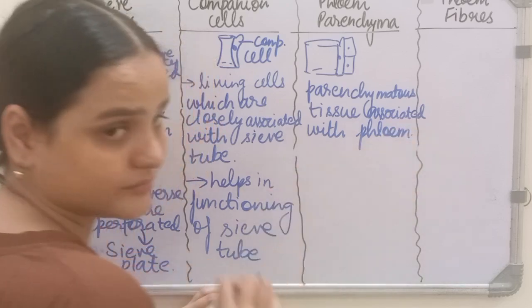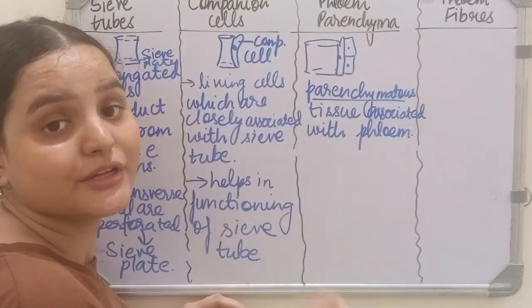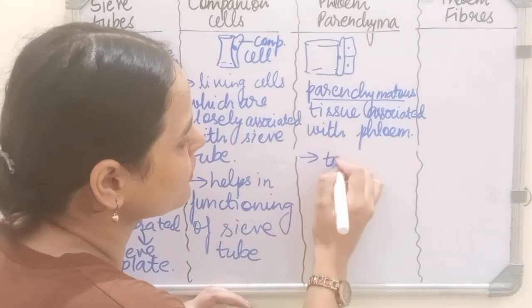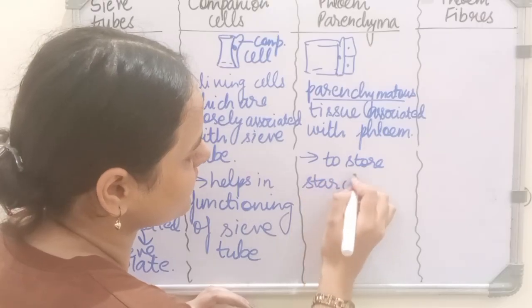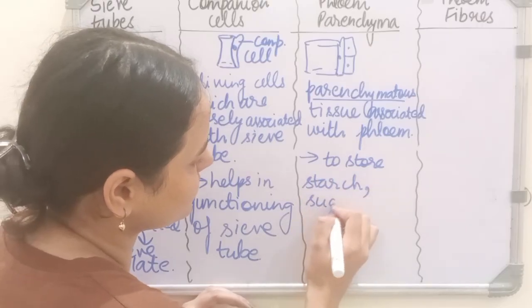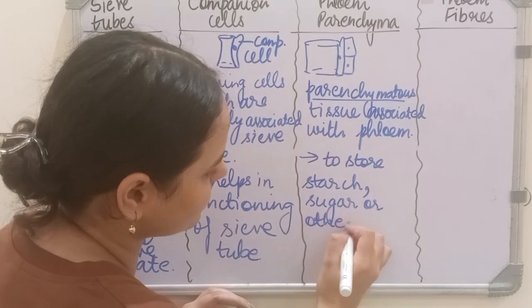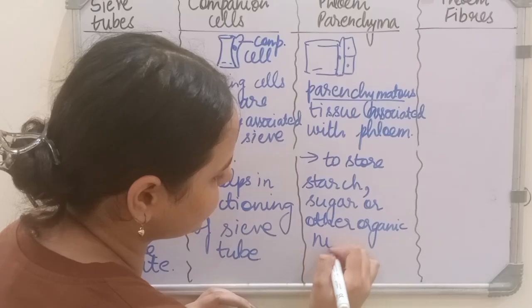Now they are parenchymatous cells, so their function is to store food or starch. So their function is to store starch, sugar or other organic nutrients.